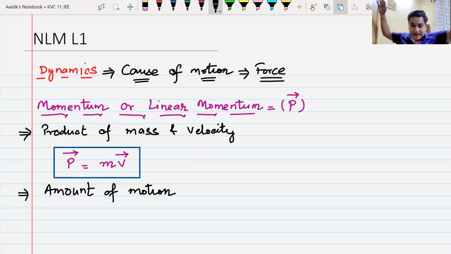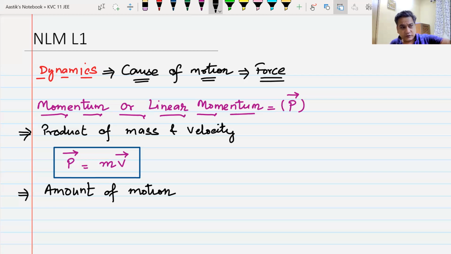So if there is a massive thing, a train, an airplane, a ship, it has a very big mass, it may not have that big velocity. The velocity may be small, but once you multiply mass with velocity, the amount of motion that it has is huge.